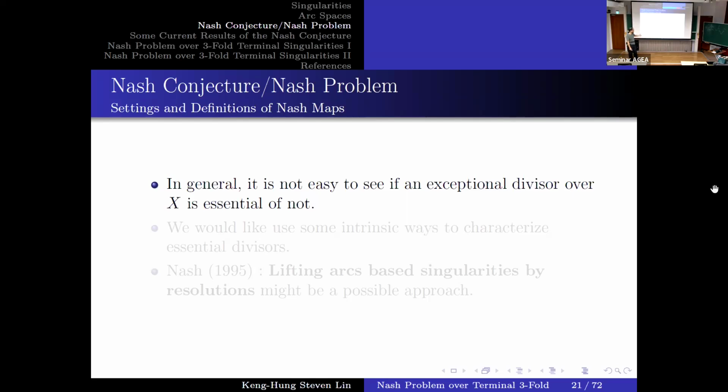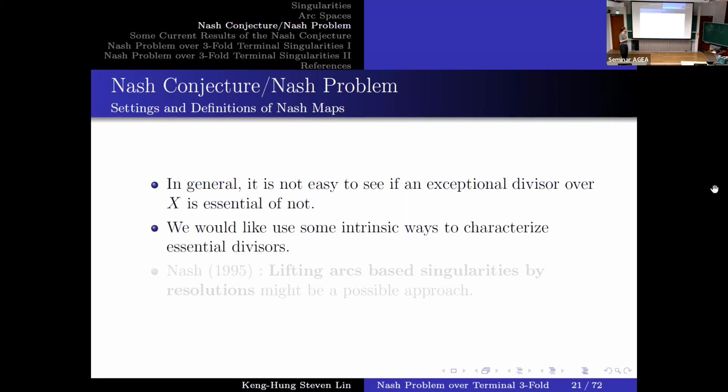If I resolve singularities, an essential divisor appears in every resolution. But technically it is unrealistic to check whether a divisor is essential or not, because you need to transport your divisor to all resolutions to see whether it appears as a divisor on other resolutions.